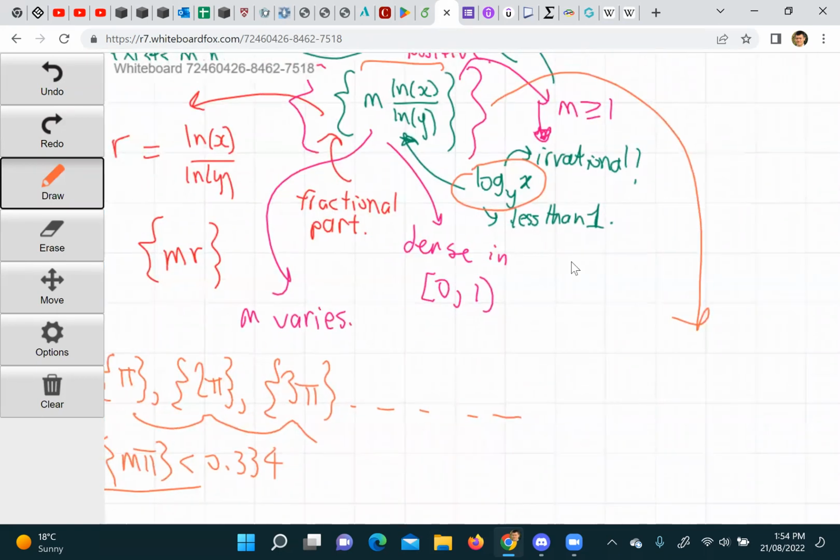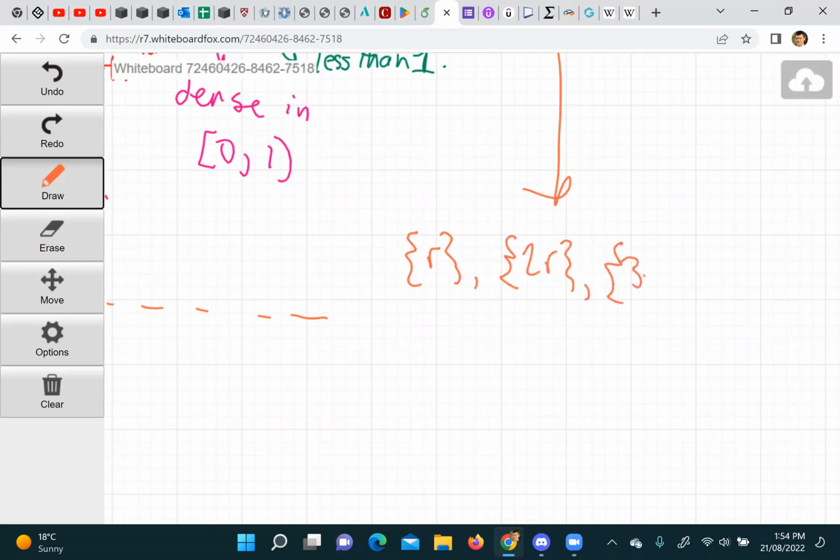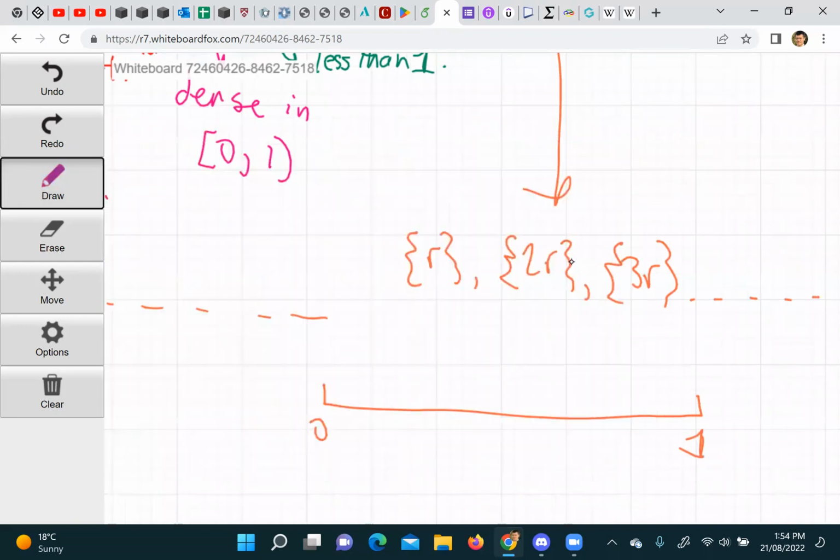So the pigeonhole proof. Let's say we have r, 2r, where r is irrational. Now we're going to divide the interval from 0 to 1 into intervals.